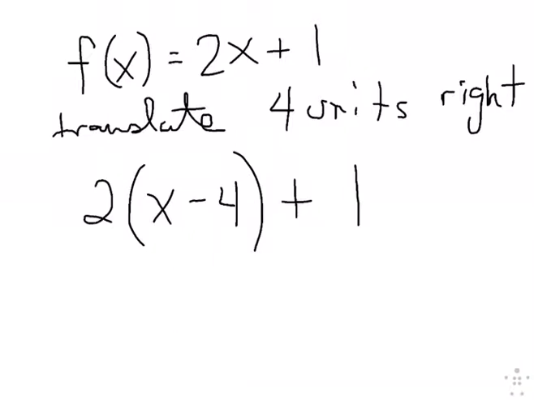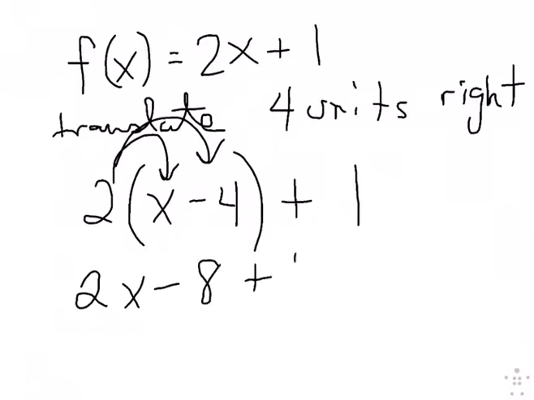Now, let's clean it up. What's 2 times x? What's 2 times negative 4? Plus 1. Now combine like terms. The 2x didn't have any friends, so there's nothing to combine with that. And then what's negative 8 plus 1? Minus 7.